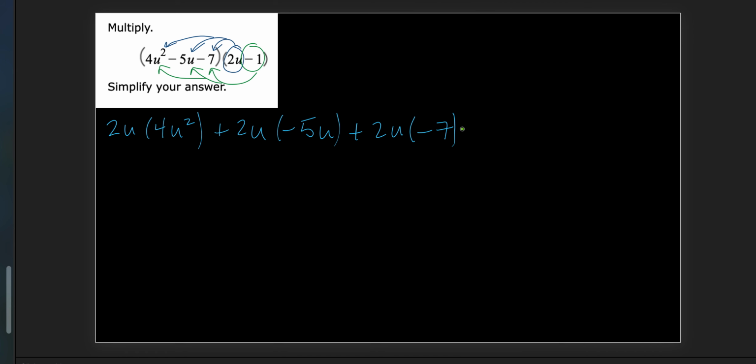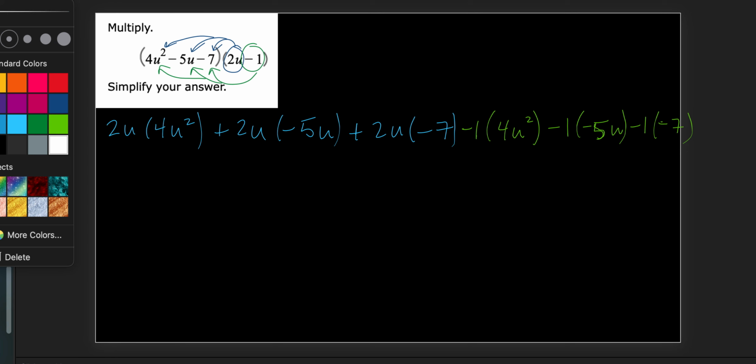So it's negative 1 times that 4u squared. Okay. Negative 1 times the negative 5u. And then the negative 1 times the negative 7.